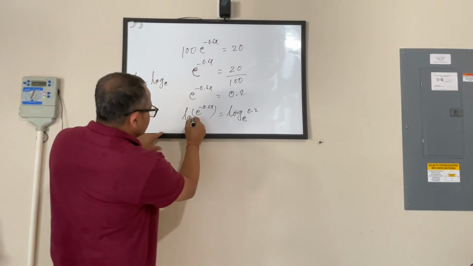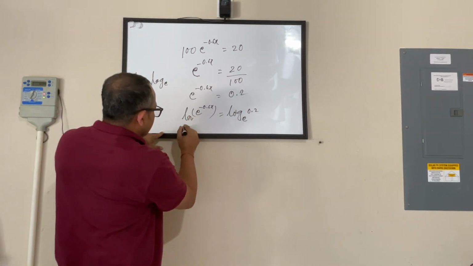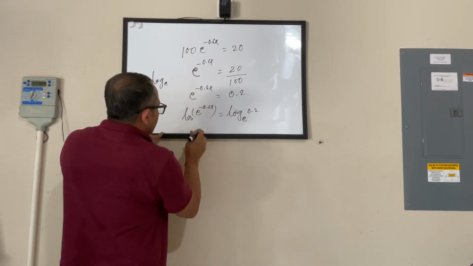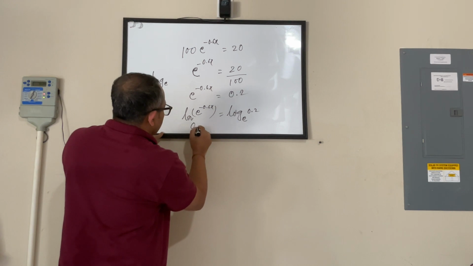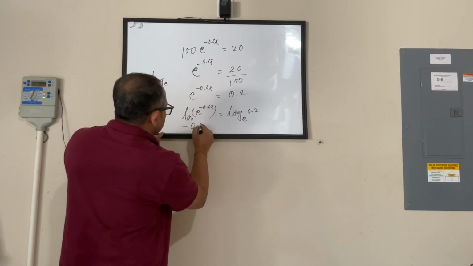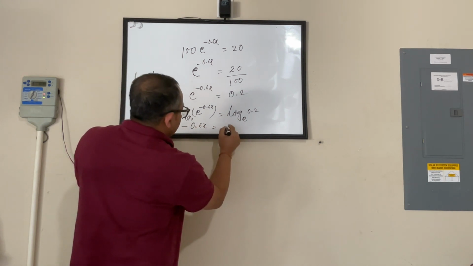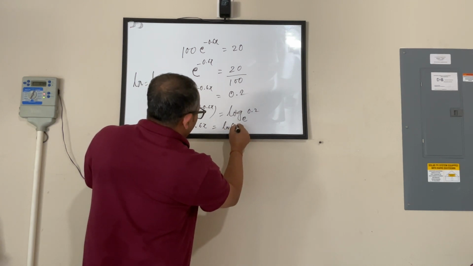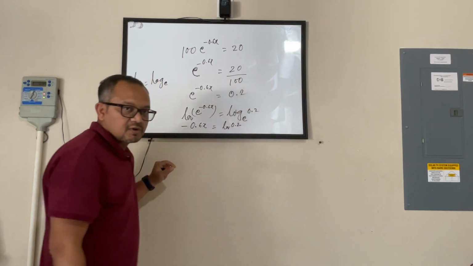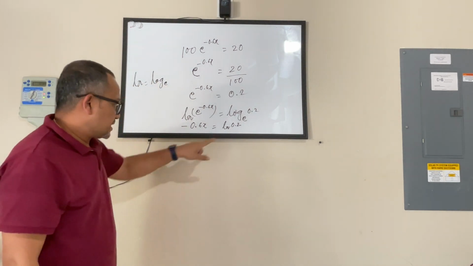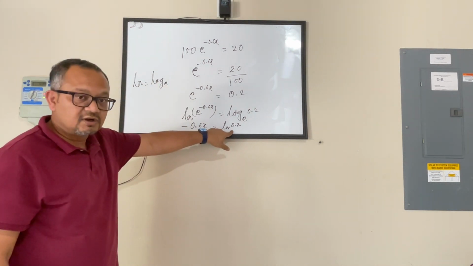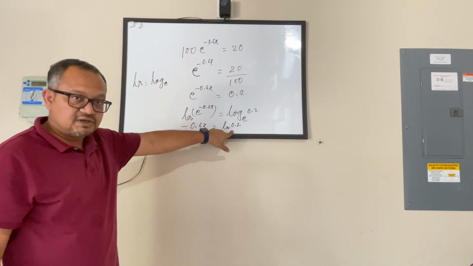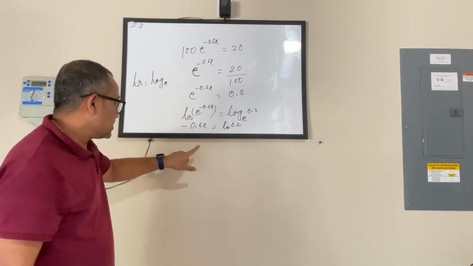Here this is ln or log e, so this becomes minus 0.6x equals ln, or natural log, of 0.2. Can you find out what is the value of this in the log table? ln, or log base e.